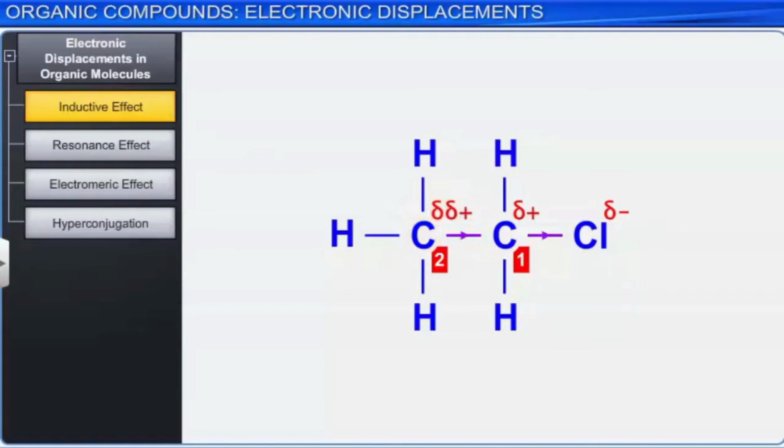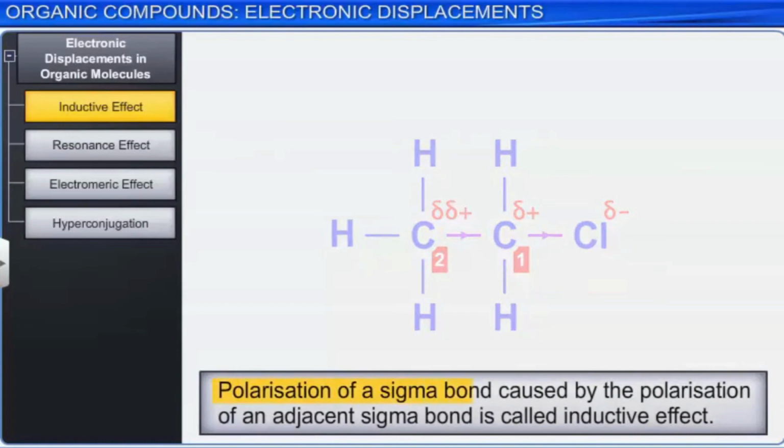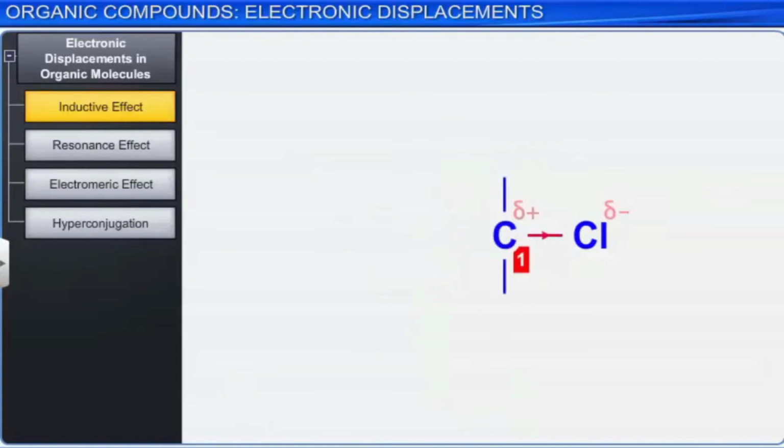Thus, the carbon-chlorine bond induces polarity in the adjacent bonds. Such polarization of a sigma bond caused by the polarization of an adjacent sigma bond is called inductive effect. Inductive effect decreases as the distance from the source atoms increases.